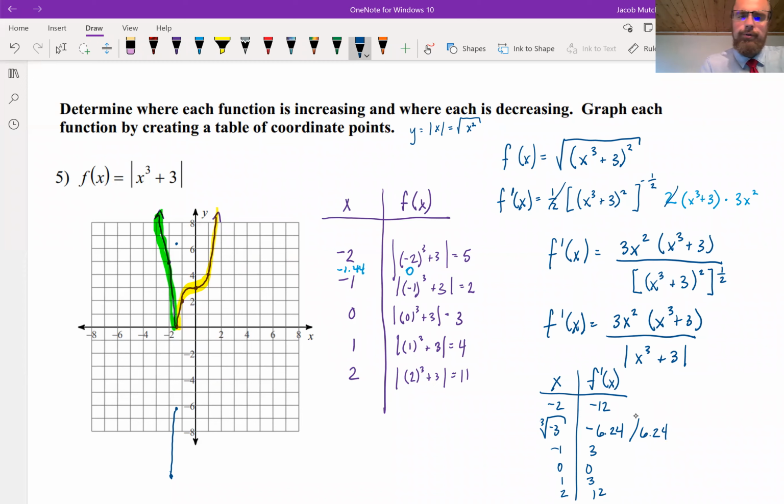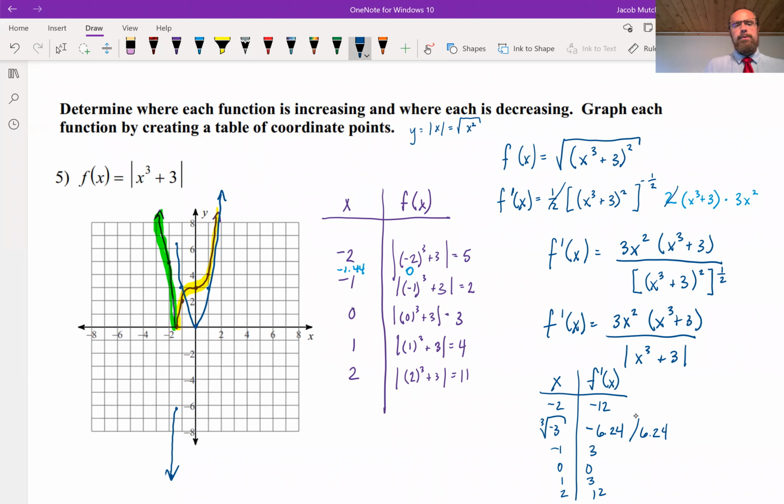And then at -1, it's at 3, 0, 0, 1, 3, and then 2, 12. So this parabola on the right-hand side is as normal.